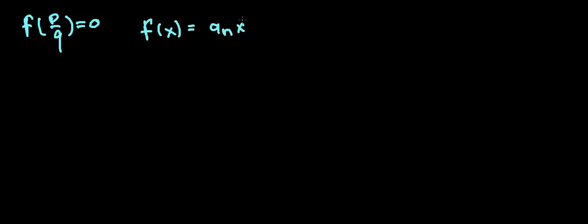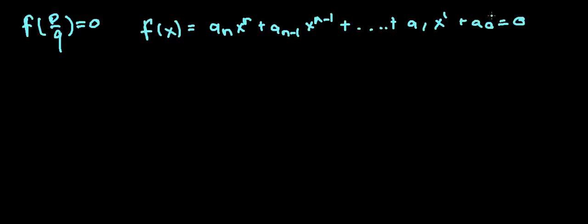To prove our rational roots test, we're going to want to put in p over q is equal to 0 into our general polynomial form, which is f of x is equal to a_n x to the n plus a_(n-1) x to the n minus 1 plus ... plus a_1 x to the first plus a_0 is equal to 0.